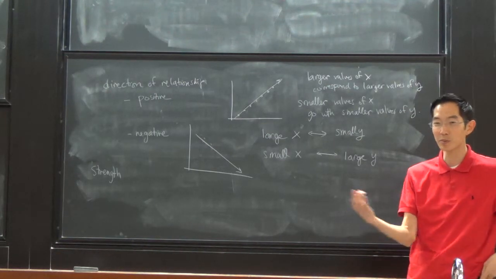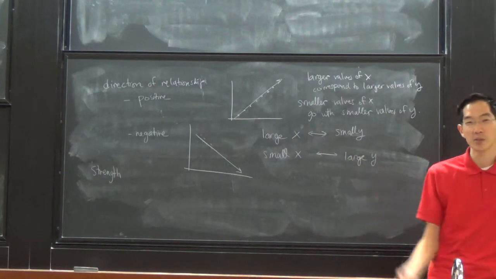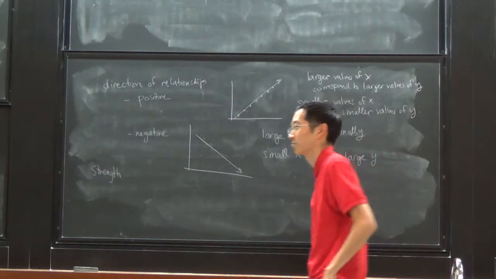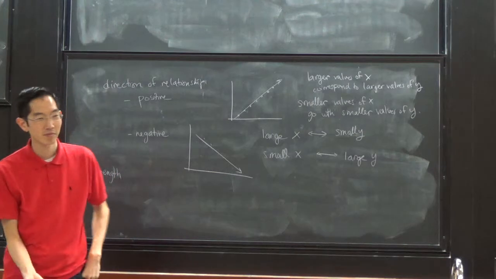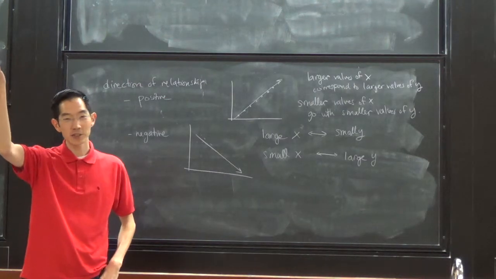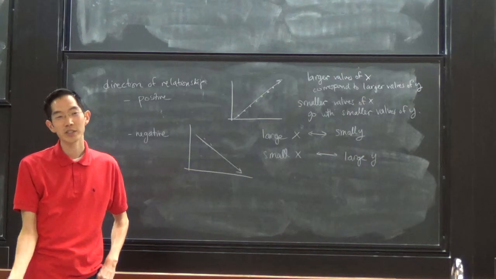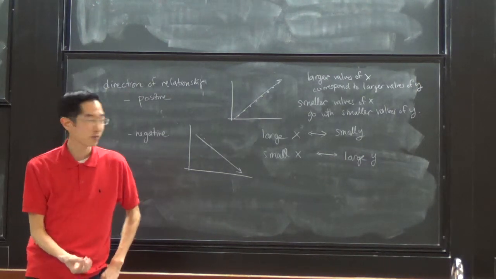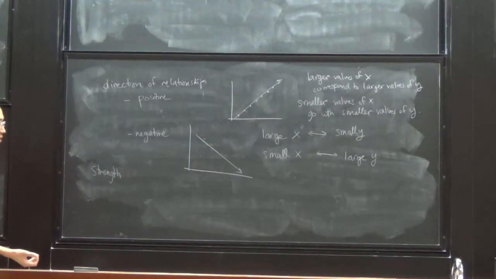On days where the temperature is low, the number of sweaters sold, probably higher than average. Altitude and air pressure. Areas of high altitude will have lower air pressure. Areas of lower altitude will have higher air pressure. Okay, so those are all examples of negative relationships.